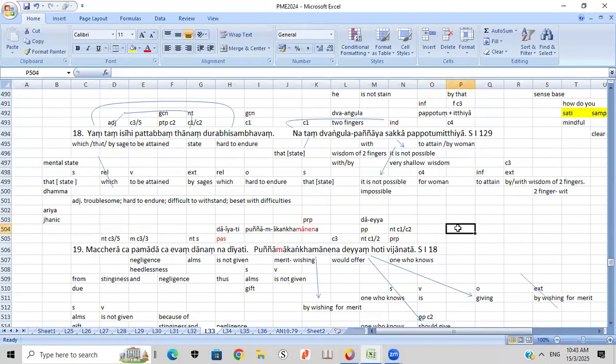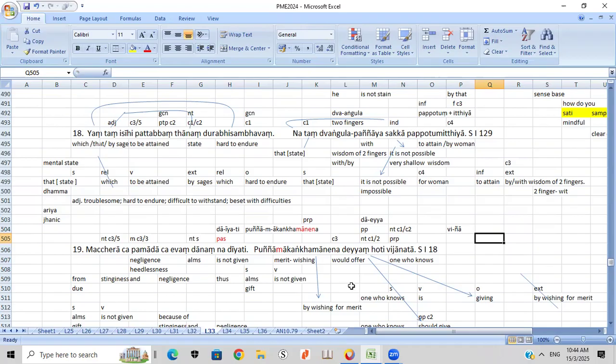So the word here has "vi" plus "nya," plus the word "ta," which ends with a long A. It's a feminine noun, referring to an abstract noun. It means one who knows. So we put "one who knows," followed by this. Then the subject is "one who knows," and then "is."